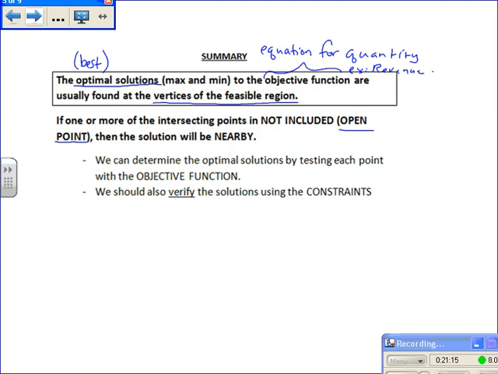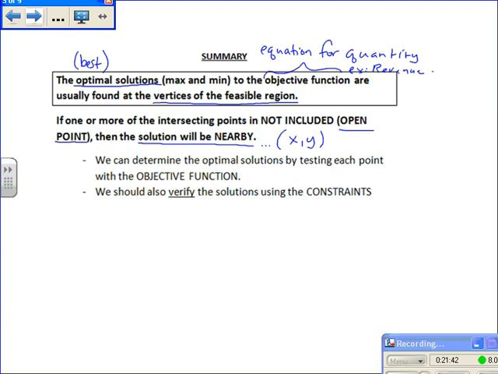So if we had a dashed line, the point where it crosses another line, the point of intersection, will be an open circle. So we know we can't use that point as a possible solution. So if we see an open circle, the solution will be nearby. Okay, so very, very close to whatever that point was. So whatever the x, y coordinates were, it'll be very close to it.